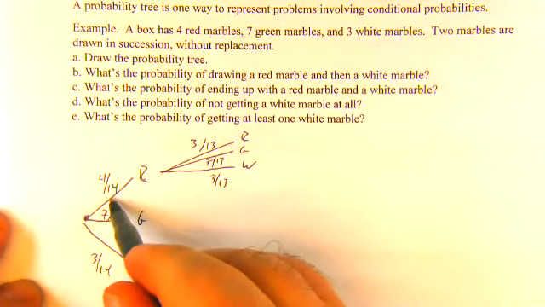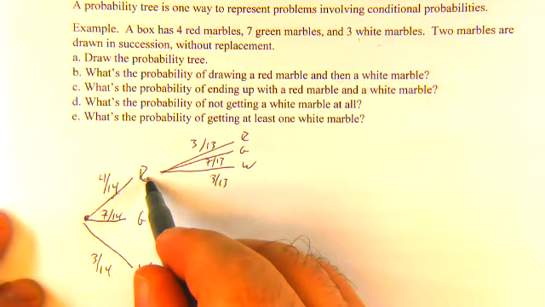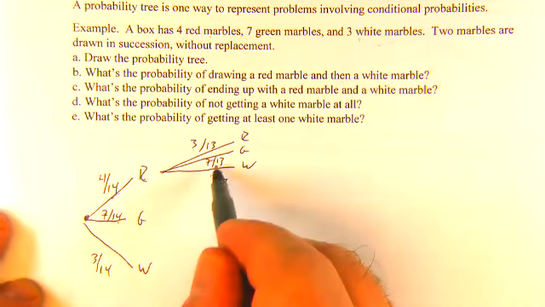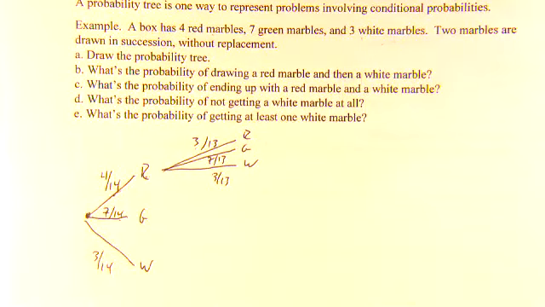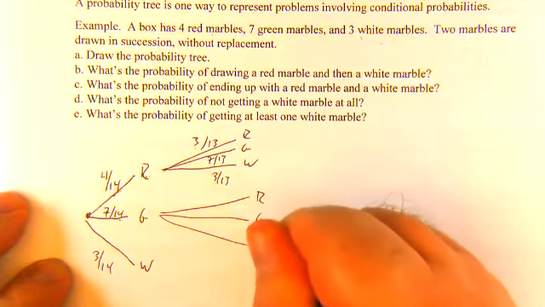So note that the probability of getting a red marble has changed because once I've drawn a red marble out, it's gone from 4 out of 14 to 3 out of 13. Probability of getting a green marble has also changed. So this is a condition, right? If you pull out 1 red marble, you've changed the probabilities a little bit. So same thing with the green marble. You could get red, green, or white.